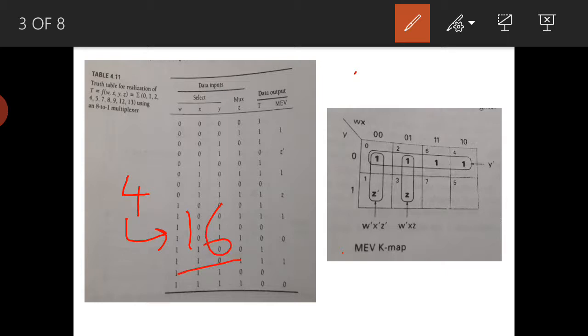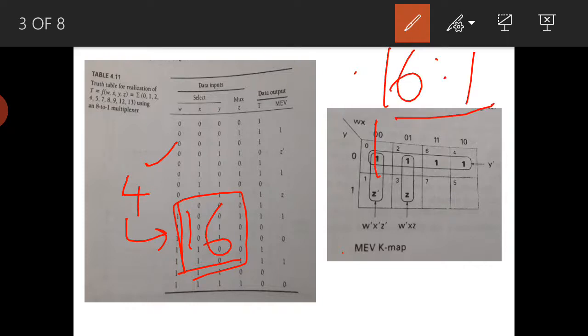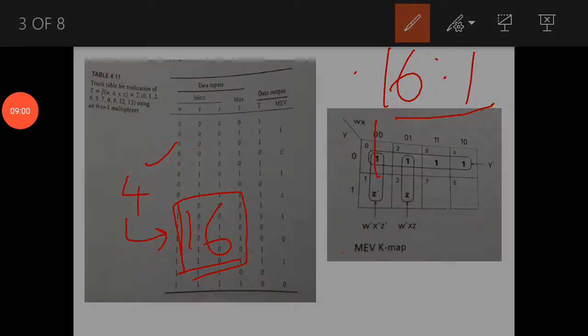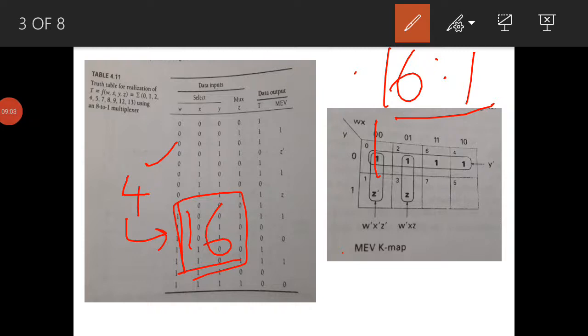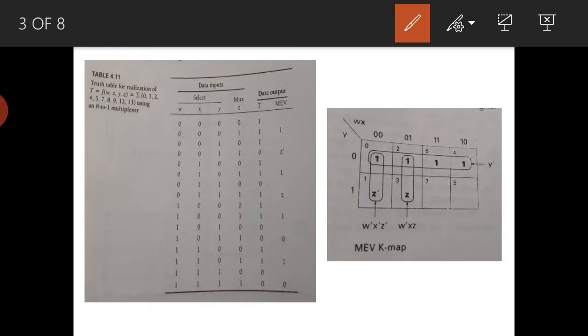If all 4 are connected to select lines, then we need to use a 16 is to 1 multiplexer, because the select lines will be 4. But suppose only 10 minterms are required, and the other things we don't want.